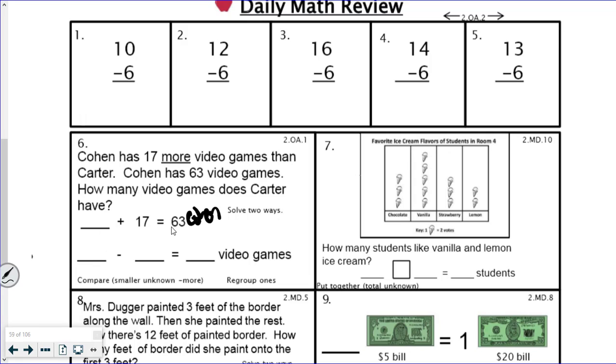This number 17 is 17 more. Cohen has 17 more than Carter, but we don't know how many Carter has. So to figure out how many Carter has, we have to find the difference between 63 and 17. So here's the minus sign to help us find the difference between 63 and 17. It will tell us how many video games Carter has. So pause your video and do number 6.